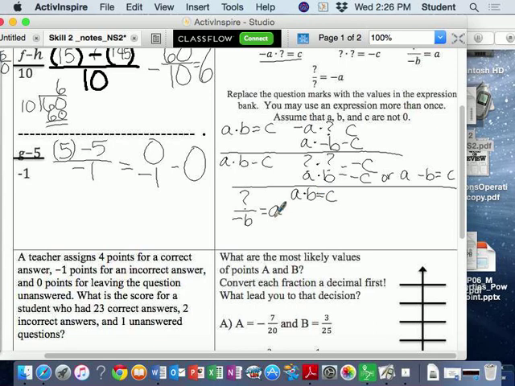So to get A by itself, we would divide by B, and then we would get A equals positive C over positive B. So we have a question mark over negative B equals positive A. So again, think about your rules of integers. When we divide a negative by a negative, we get a positive answer. So we would need to replace our question mark with a negative C, and then it would be over negative B to give us a positive A.